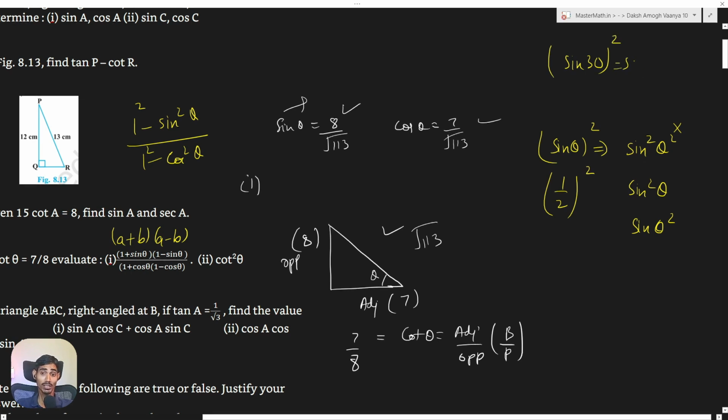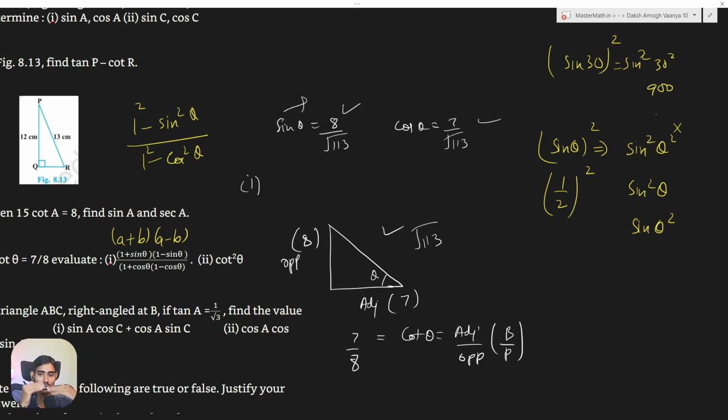We are not doing sine square 30 square 900. Only the value is getting squared. Whatever the value of sine theta, tan theta we're going to get, that's getting squared, and theta is not getting squared. That you should take care of.